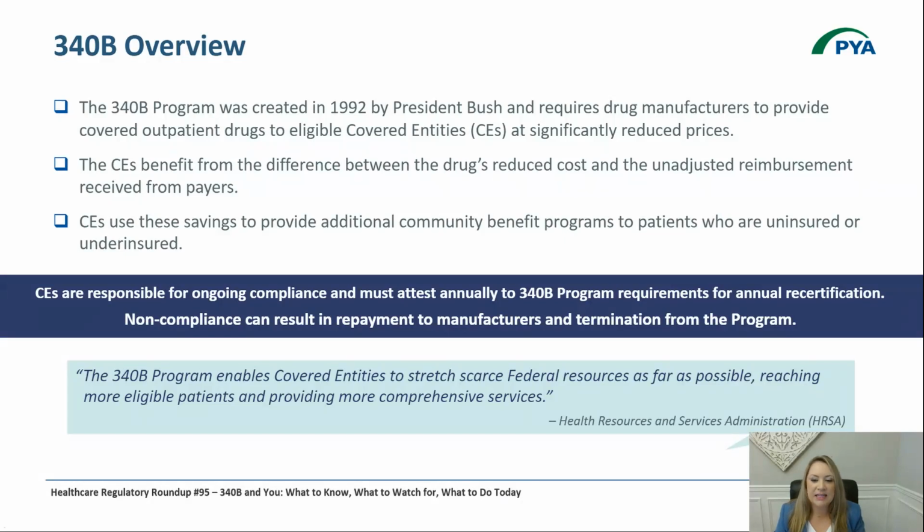So the intent of the program, when it was created back in 1992, was to help covered entities stretch scarce federal resources as far as possible to reach as many eligible patients and provide more comprehensive services. From a mission statement perspective, that is the intent of the program under HRSA as it stands.